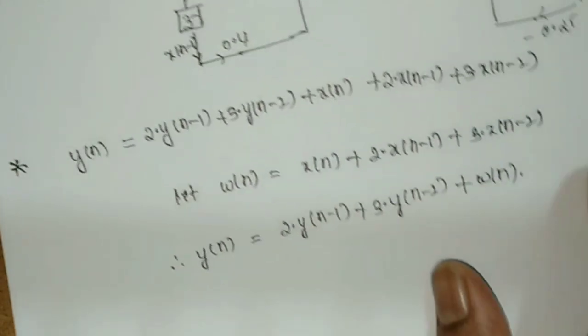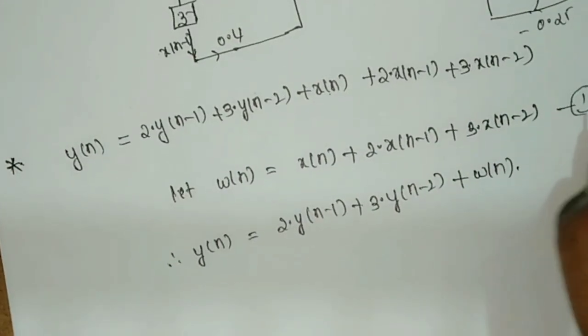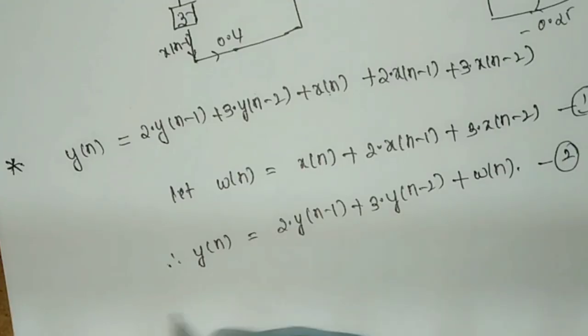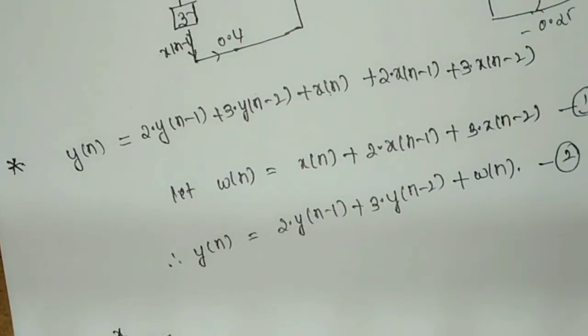So let us implement equation 1 first, later equation 2. Equation 1 is for the feed forward method. So x of n you are taking here, and you are adding delay elements here, z power minus 1, which will be multiplied with 2.